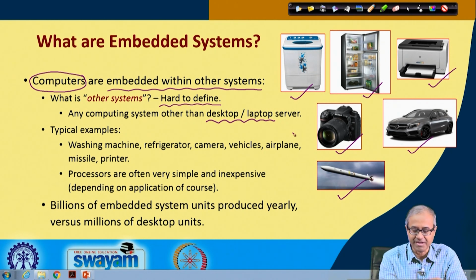Some typical examples are shown here in the pictures: washing machine, refrigerator, camera, vehicles, airplanes, which are a very big example, missile, printer.